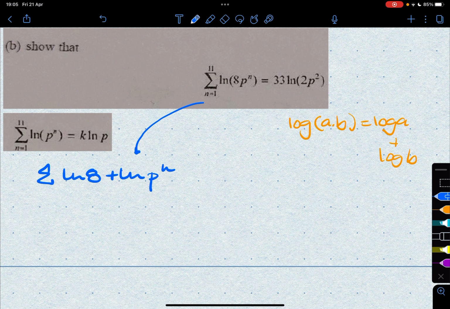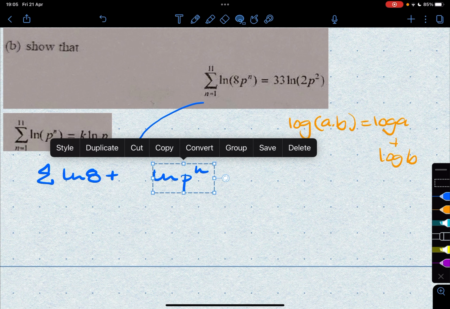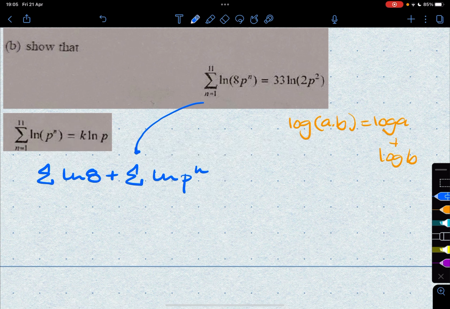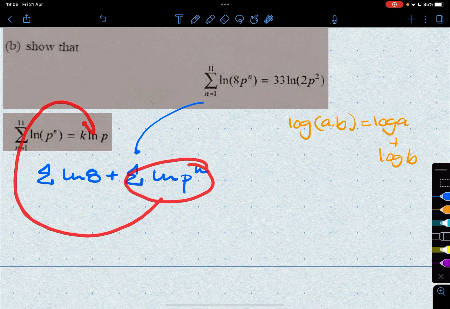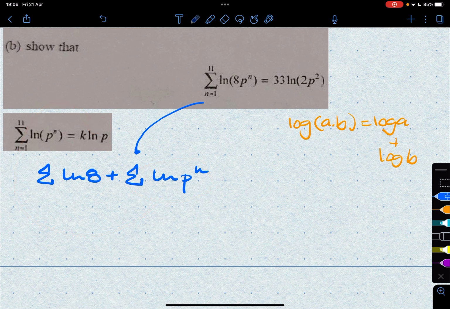And you can therefore write that as another summation. And we've just shown that this summation is equal to k ln p, or 66 ln p. So it's the summation of log 8 plus 66 ln p.